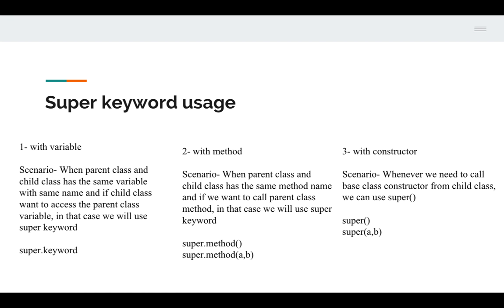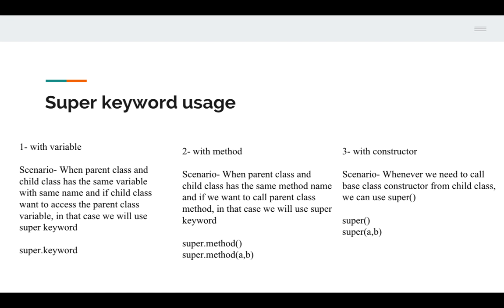So in this example, let's say I have class A and class B. Class A has one variable called data, class B also has one variable called data. So if you want to access class A data from class B, then you have to use the super keyword. Just keep this point in mind. We will write the program for each scenario, then you will get everything very clear.